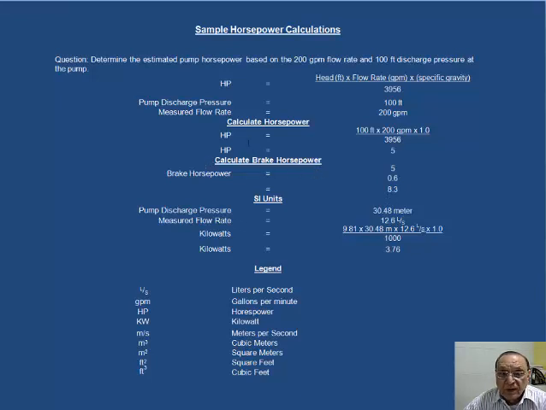That is the brake horsepower, and this is calculated the same way for the SI unit. And this is the legend for the unit which we have taken, the liters per second, which was also explained in the previous slides.